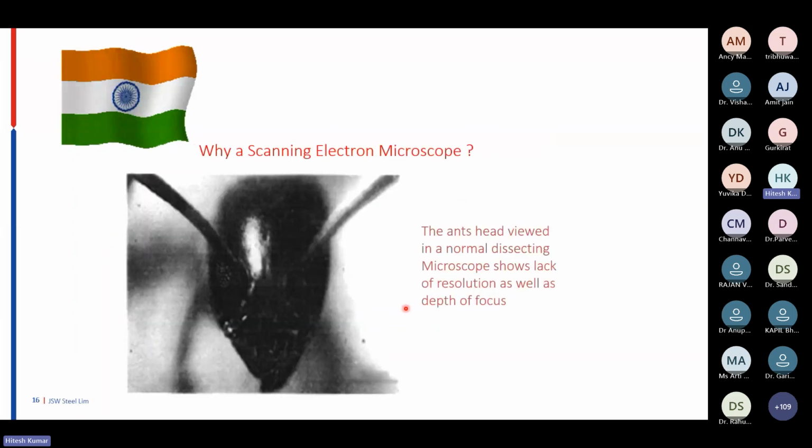So if you see this, this is with the help of scanning electron microscopy. This image was taken when I was working at Thapar. Me and one of my operators were there. We were trying to see the ant head in the normal way, but we were not able to resolve it because our depth of focus was not good.